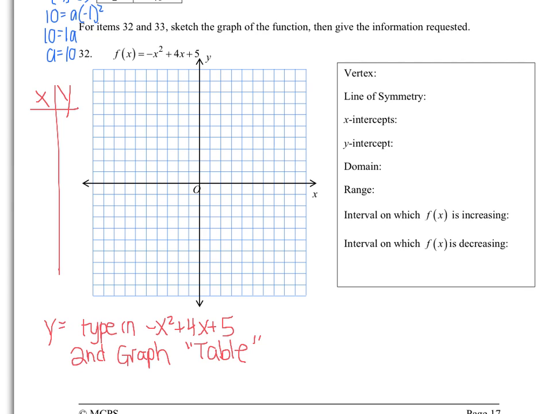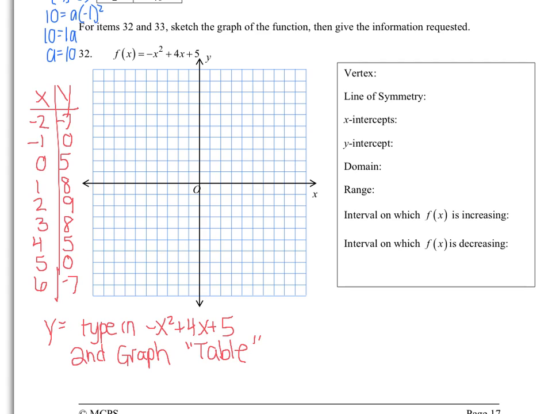And this is a 10 by 10 grid. So we're going to have (-2, -7), (-1, 0), (0, 5), (1, 8), (2, 9), (3, 8), (4, 5), (5, 0), and (6, -7).